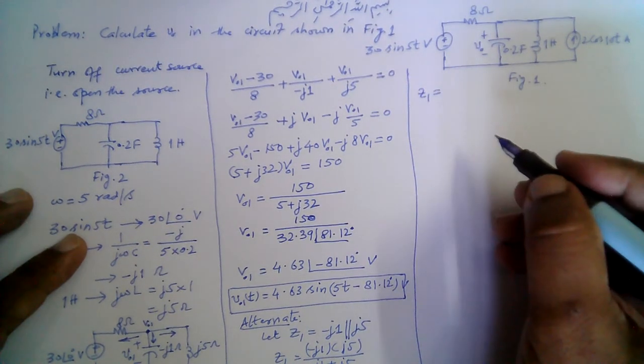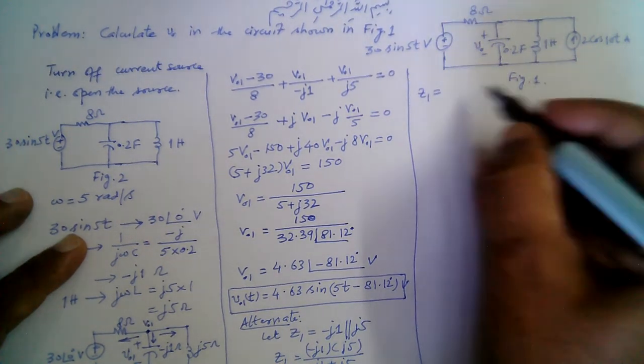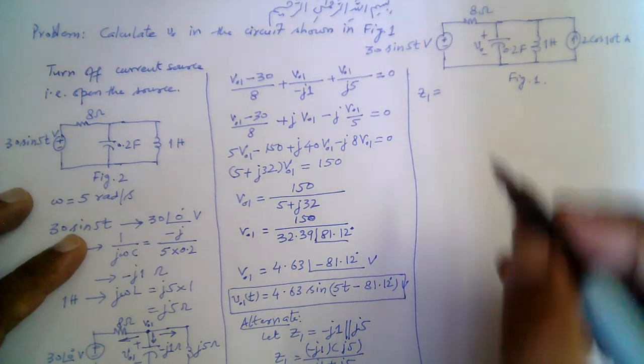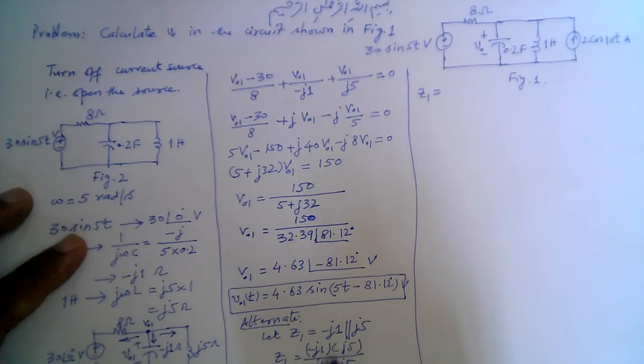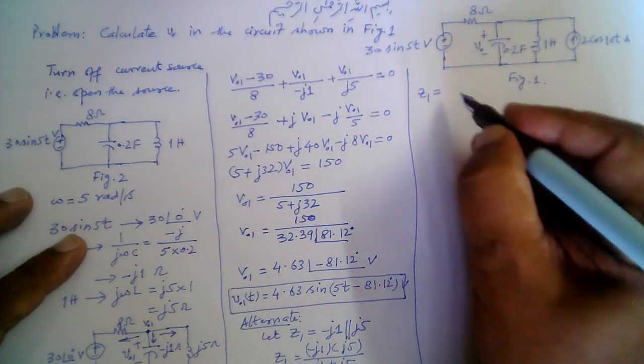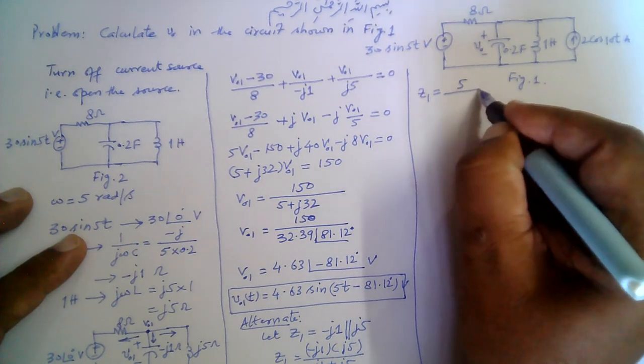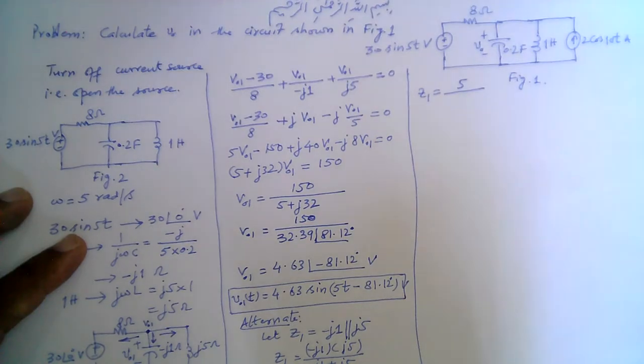So the equivalent impedance Z1 is equal to, j squared is minus 1. So minus 1 multiplied by minus 1 here will be plus. So that will be 5 over minus j1 plus j5.